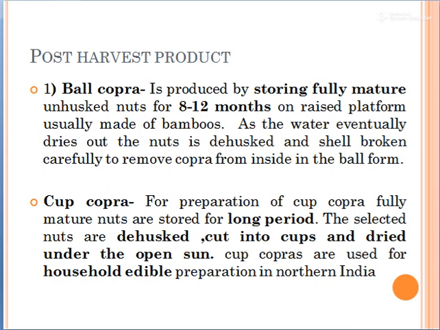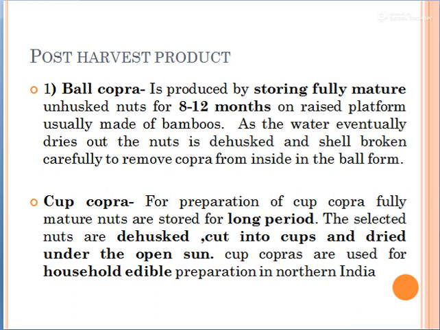That means after storing for long periods, the nuts are dehusked and cut in half and dried under the open sun. Then cups are used for household edible preparation in northern India.